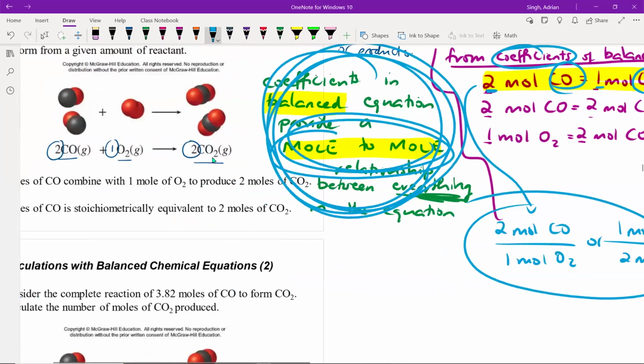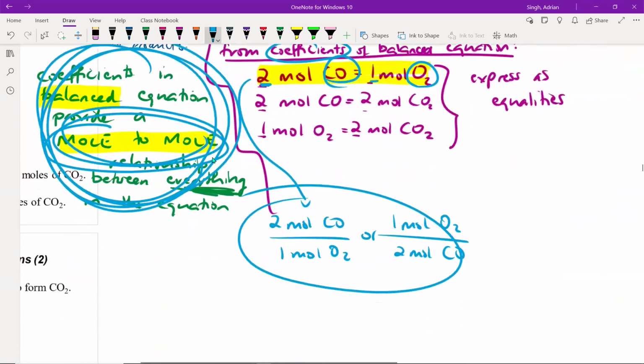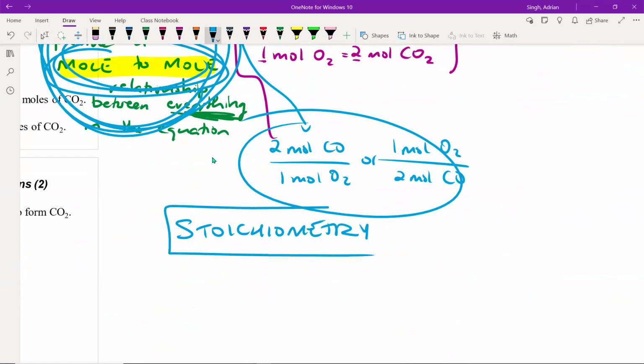When we use those mole to mole relationships in our chemical equation, we give that process a generic term: we call it stoichiometry. You can add this to your list of big fancy words that mean really simple things.